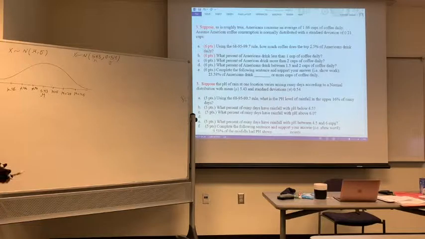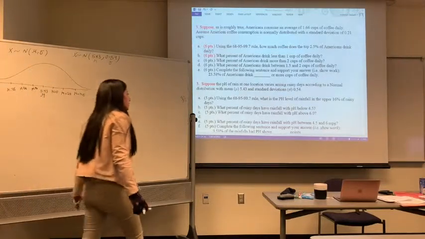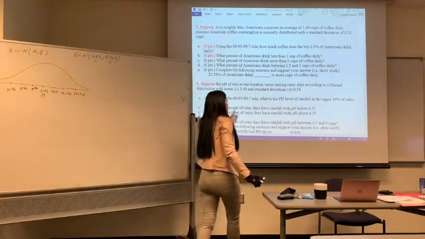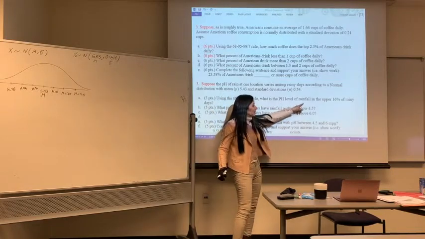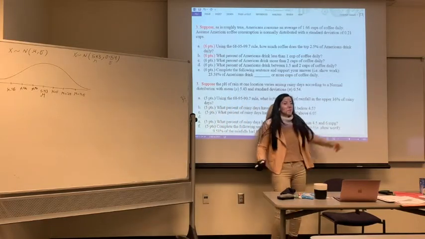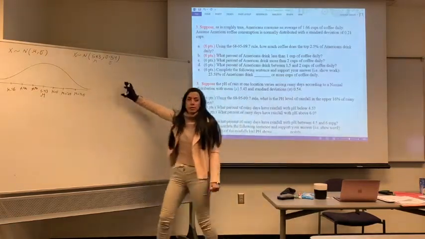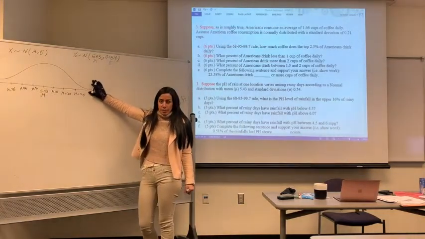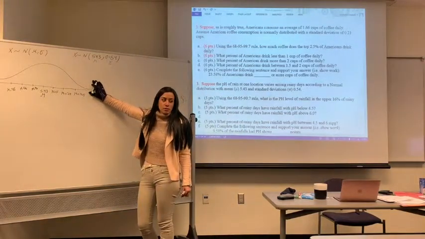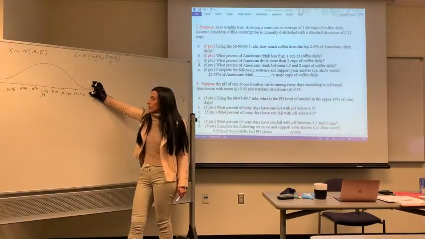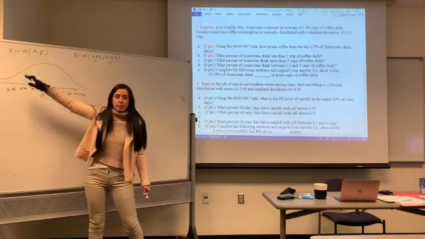16%, it says. Using the 68, 95, 99.7 rule, what is the pH level of rainfall in the upper 16%, meaning this side, correct? Top 16%, right? Yes. So now, let's see. This will be symmetric to the other side, correct?